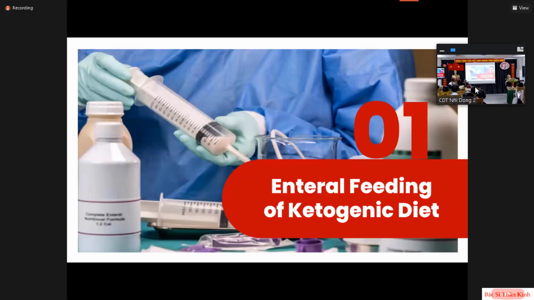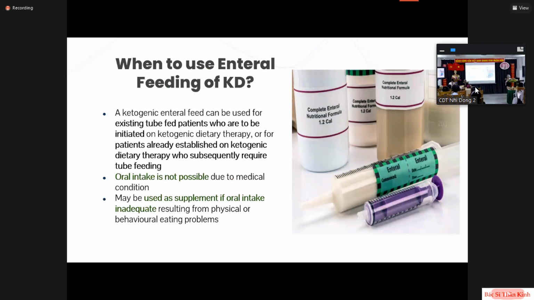We start with enteral feeding of ketogenic diet. When to use enteral feeding of ketogenic diet? A ketogenic enteral feed can be used for existing tube-fed patients who are to be initiated on ketogenic diet therapy, and is very suitable for those planned for classical KD, and it is also doable for MCT KD.